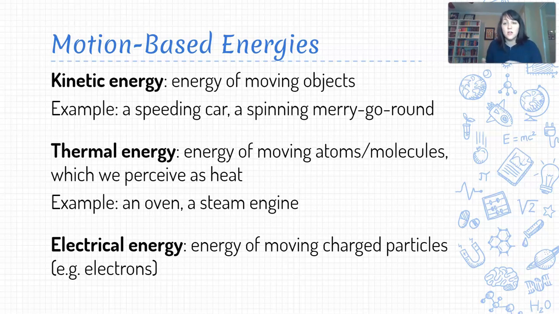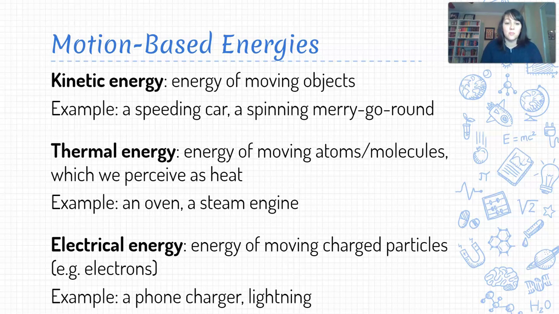Typically that's electrons, sometimes that's ions, but in any case we're talking about some particle with an electric charge moving, and the more rapidly we're getting charges moving, the more electrical energy an object has. So if we think about a phone charger, lightning, anything that plugs into a wall or operates on batteries, which is chemical energy at its core, but produces electrical energy, that would be an illustration of this particular concept.